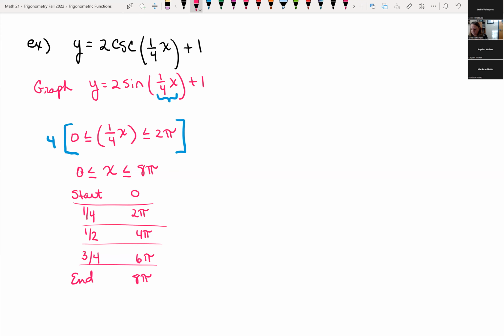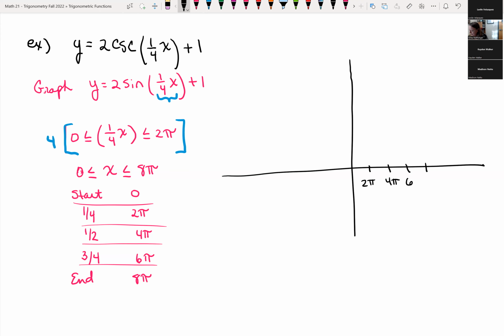And so those are important features on our graph. So let's label those. 2 pi, 4 pi, 6 pi, 8 pi. So negative x values, negative 2 pi, negative 4 pi, negative 6 pi, and negative 8 pi.